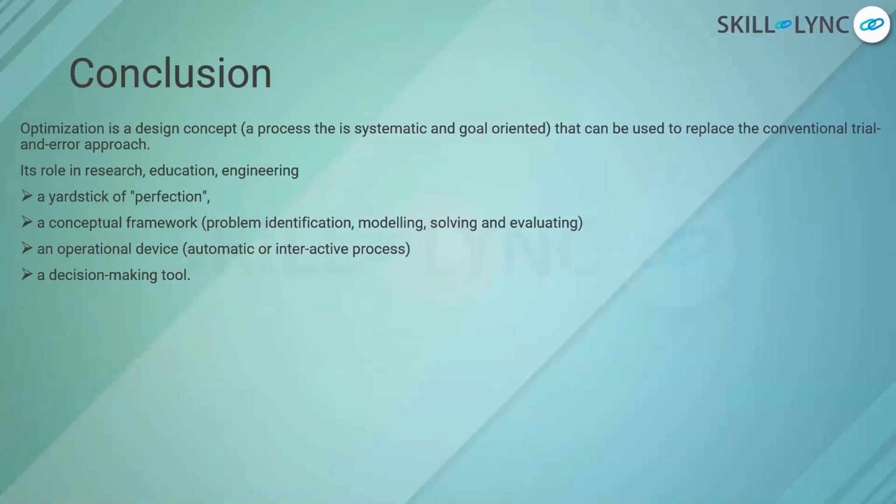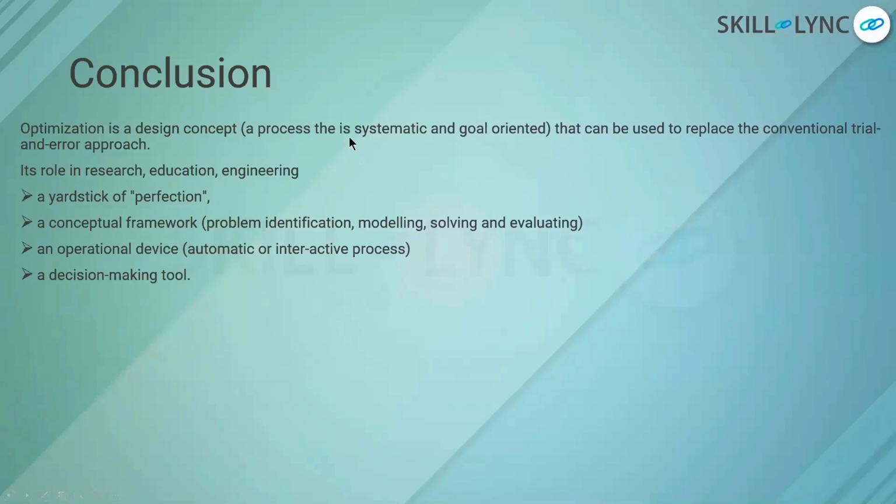To conclude my talk today, here is the important takeaway. Optimization is a design concept, and it is a very systematic and goal-oriented process. It can be used to replace the conventional trial and error approaches, because when we are doing a design or an analysis, our intuition is to go with trial and error.